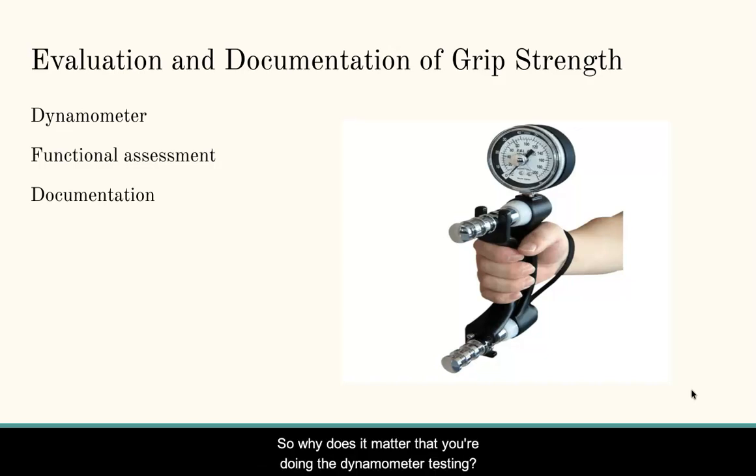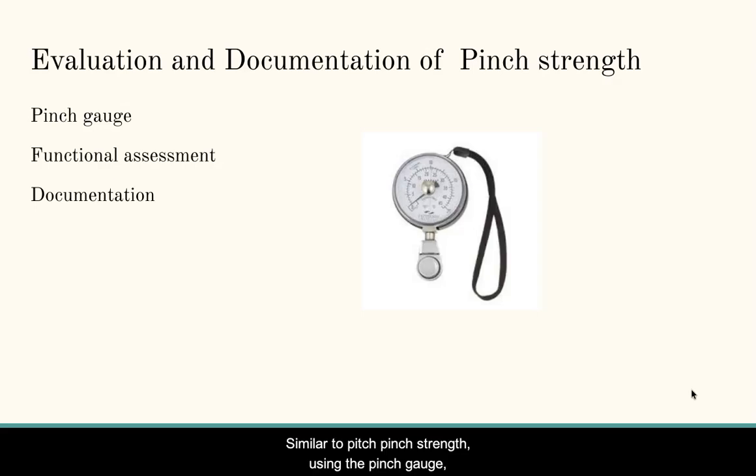So why does it matter that you're doing the dynamometer testing? What does that functional component of grip strength look like to justify why you're seeing your client? Similar to pinch strength, using the pinch gauge, learning how to use it and then documenting the numbers, but more importantly, why do the numbers matter?